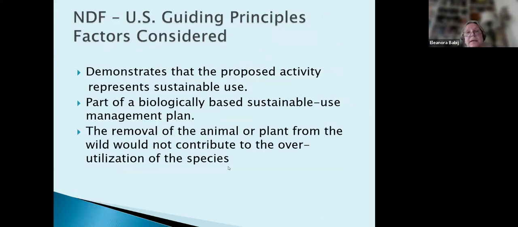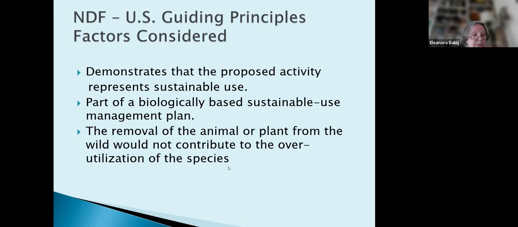The US has some guiding principles and factors that we consider when we do non-detriment findings. We look at whether the biological and management information demonstrates that the proposed activity represents sustainable use. We also look at whether the removal of the animal or plant from the wild is part of a biologically based sustainable use management plan, and that plan is designed to eliminate overutilization of the species.